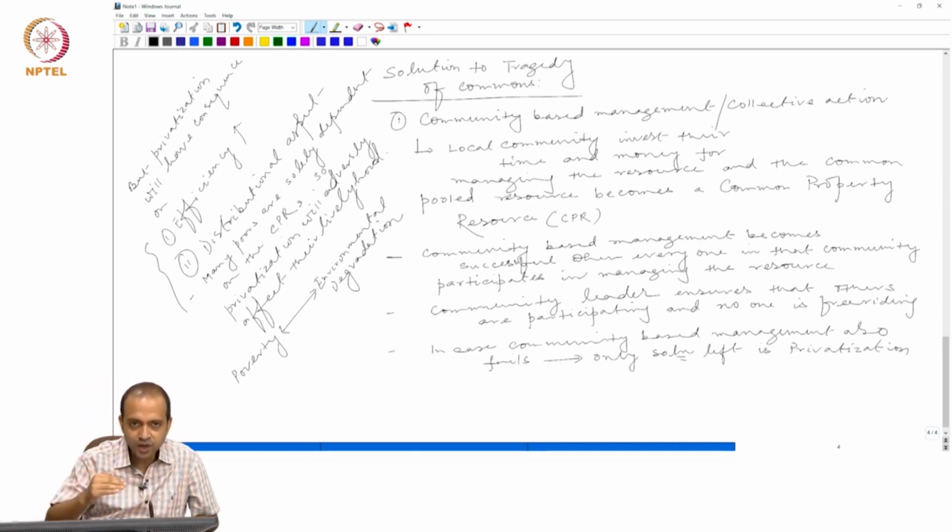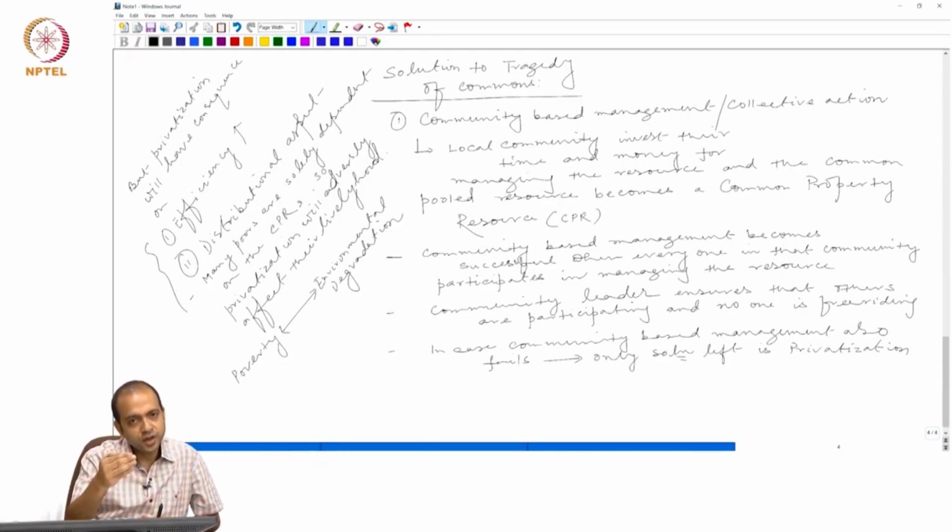So, environmental degradation and poverty are actually a two-way relationship. Their level of poverty makes them reliant on the resources.